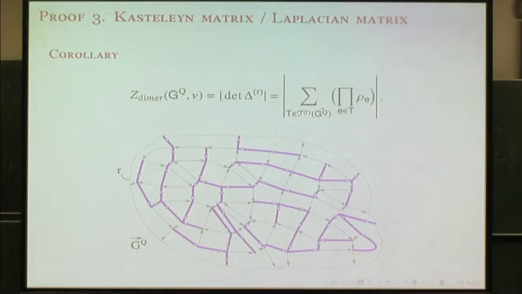Okay, so we've gone from the diamond model to this spanning tree model on this oriented graph. So this equality is just an explicit expression of a variant of Kirchhoff's matrix tree theorem.